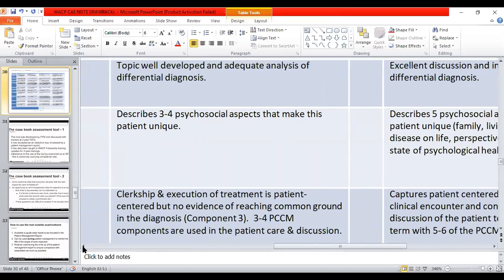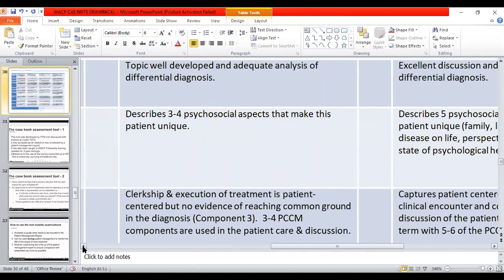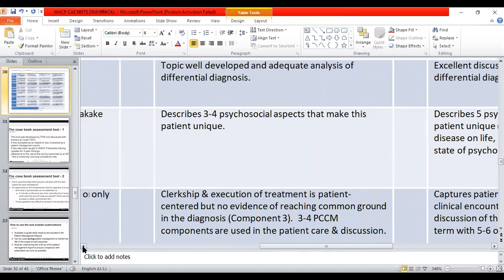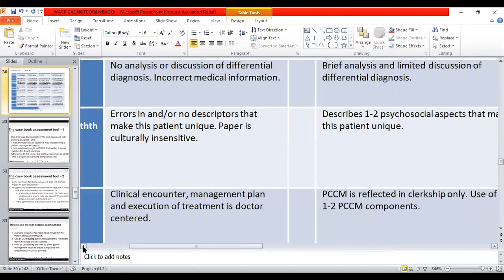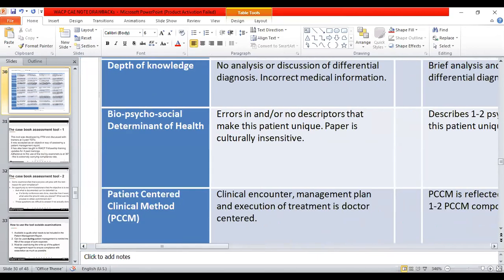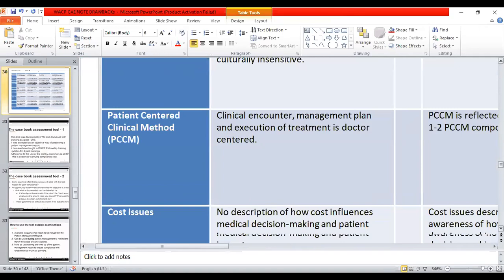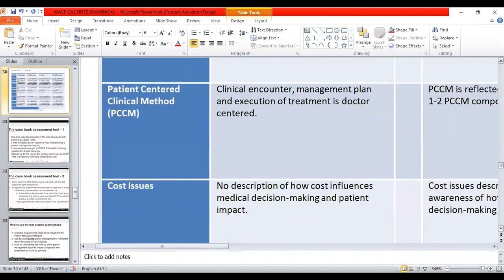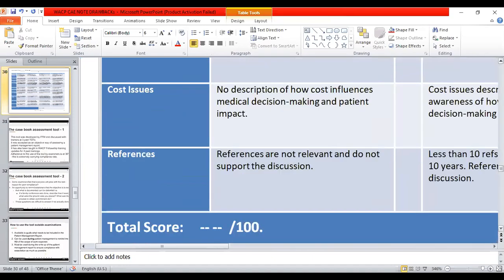The next criteria will be cost issue. Then the next one will be referencing. Once you get the reference, it should be according to what we've said.